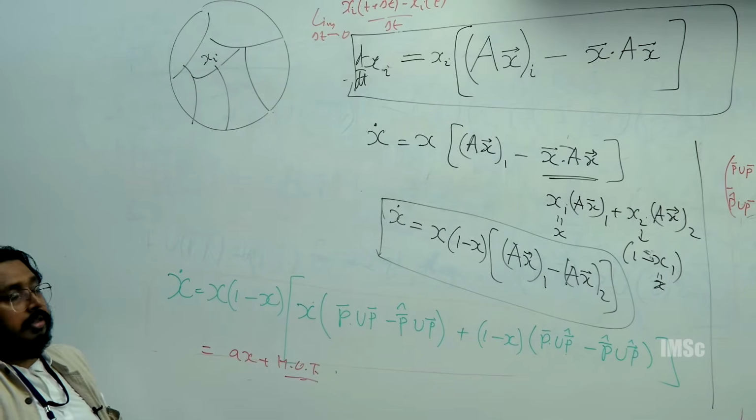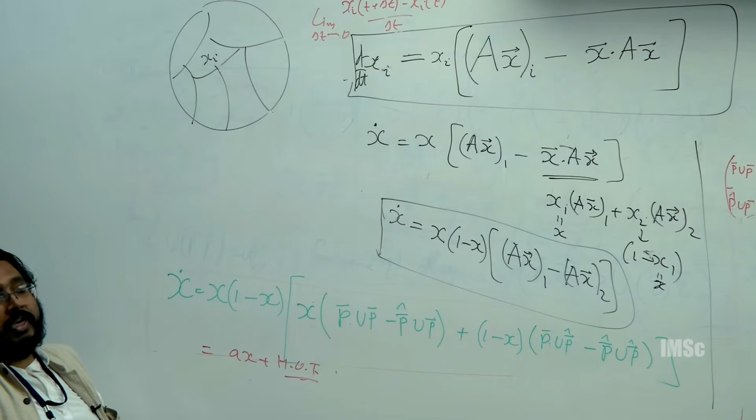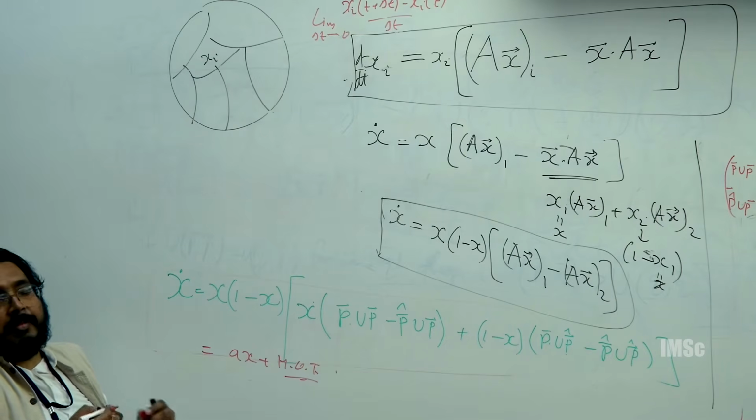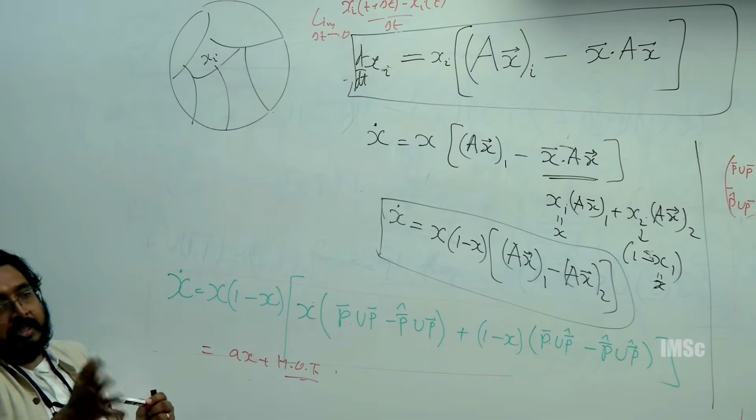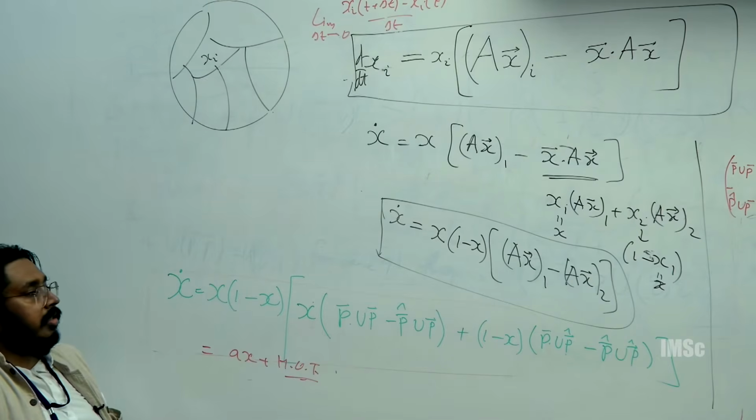This also justifies that your replicator equation is a very good equation. You want your evolutionary stable strategy to be dynamically stable as well. Otherwise, there is no point. It's just a mathematical exercise.